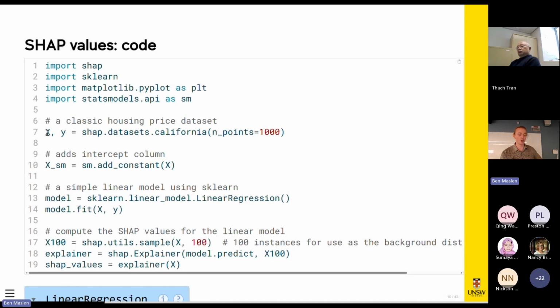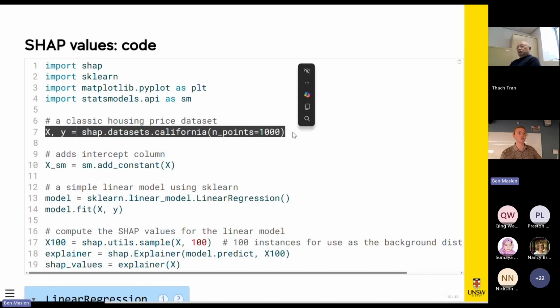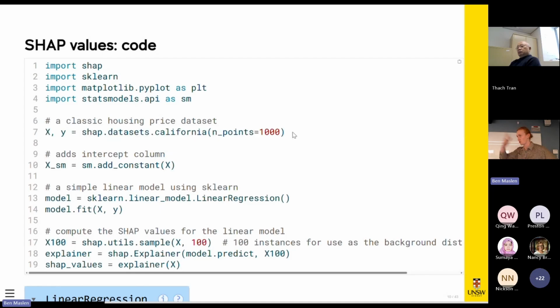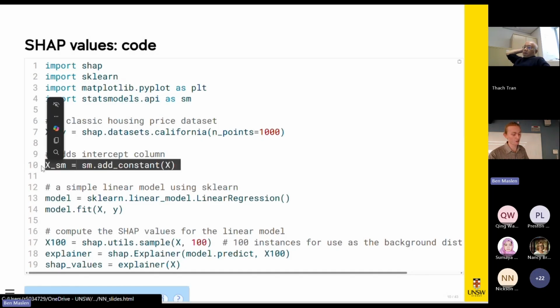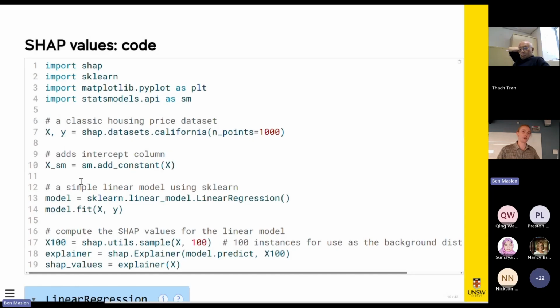First we're going to load our data set. So everything runs a bit quicker, instead of using all 20,000 housing blocks, I'm just going to use the first 1,000. And then I'm going to add a constant intercept column to our predictor or feature matrix X.